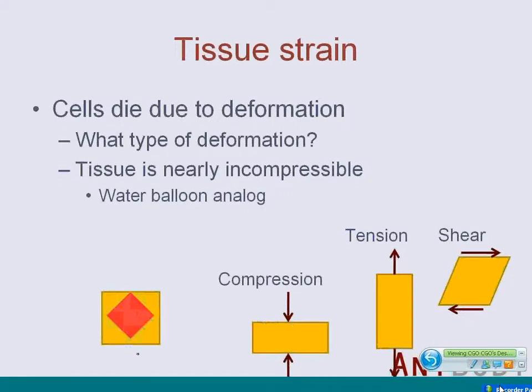I can show that by adding a red square that's just rotated 45 degrees, and then we compress it, and it will look like this. You might see the relation between that shape and this shape. They're actually very similar. So this just shows that shear strain is also there when you just compress it from one side, so uniaxial.